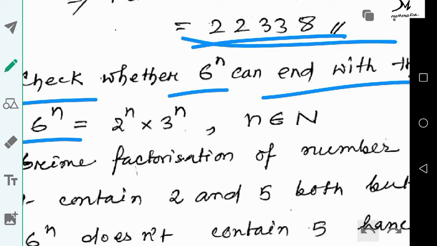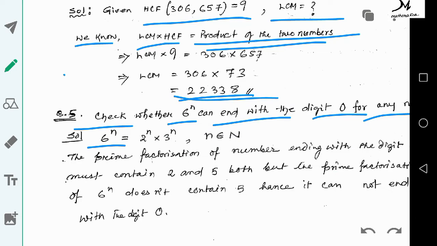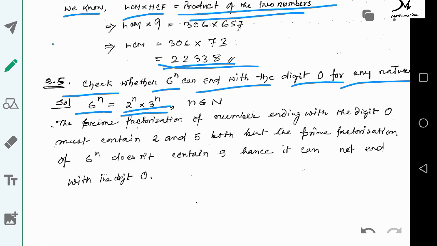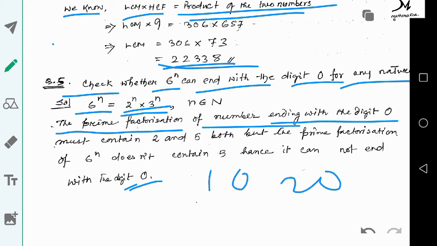So it doesn't matter what the power on 6 is, in the prime factorization of 6 to the power n there always occur 2 and 3 only. So this cannot end with 0, because if you take any number ending with the digit 0, like 10 or 20, they are divisible by both 2 and 5.